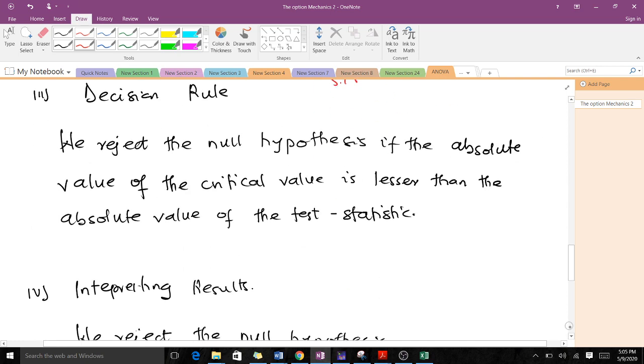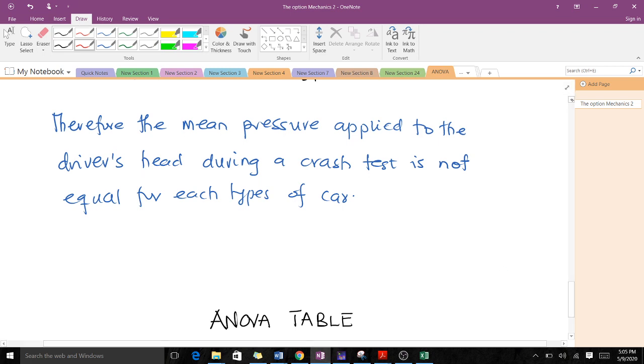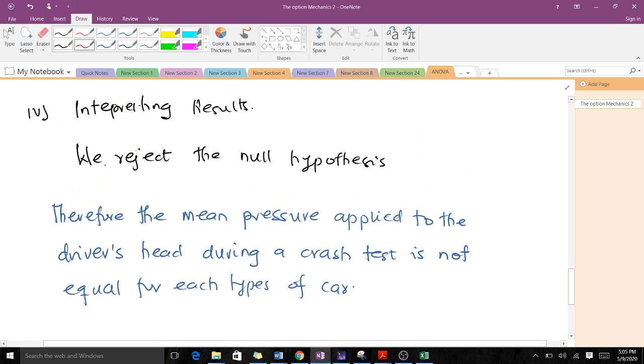So that means that with this particular question, we are going to reject the null hypothesis. So we reject the null hypothesis since the absolute value of the critical value is less than that of the test statistic. So therefore, the interpretation of our result is that the mean pressure applied to the driver's head during a crash test is not equal for each type of car.